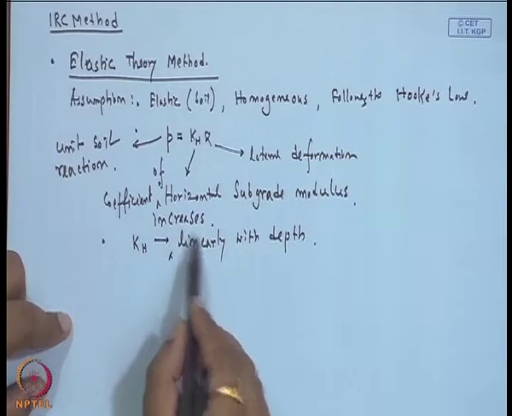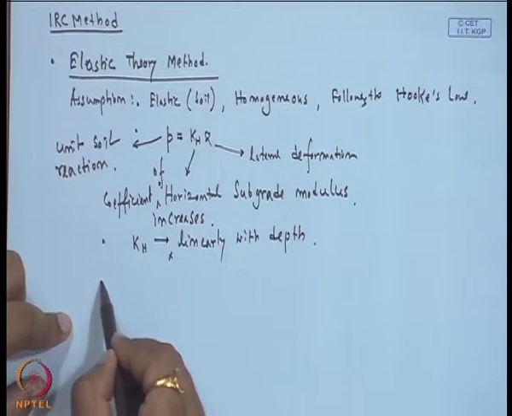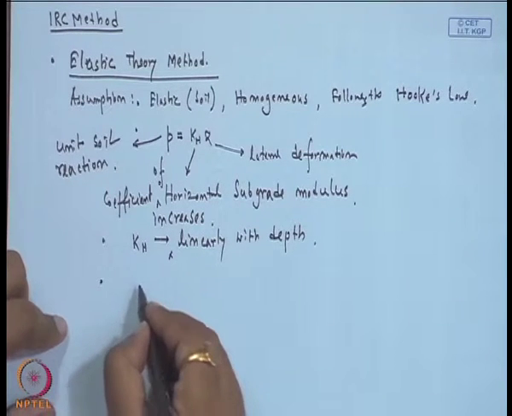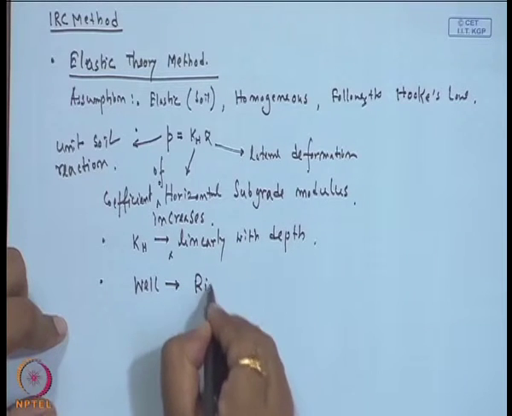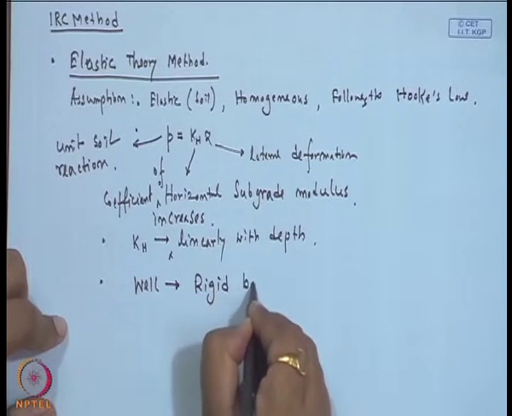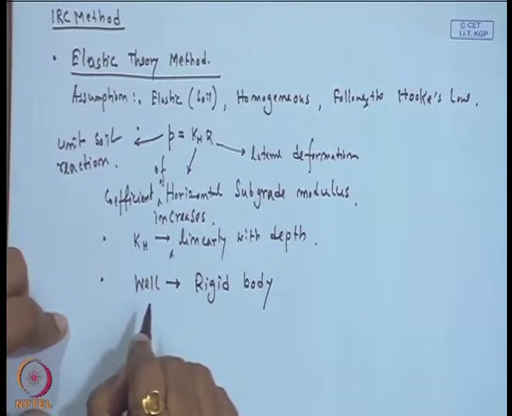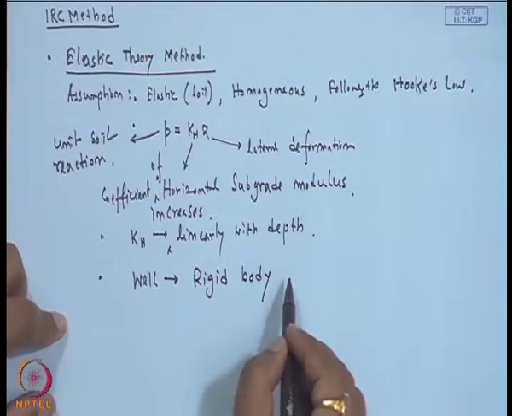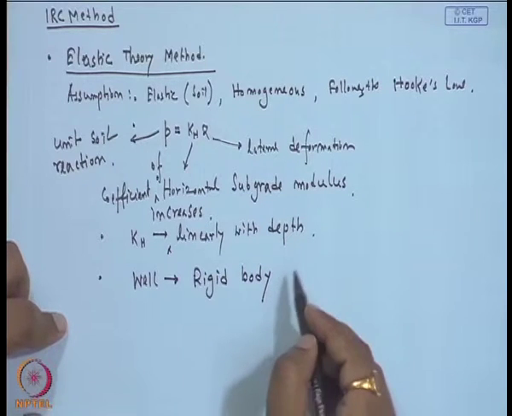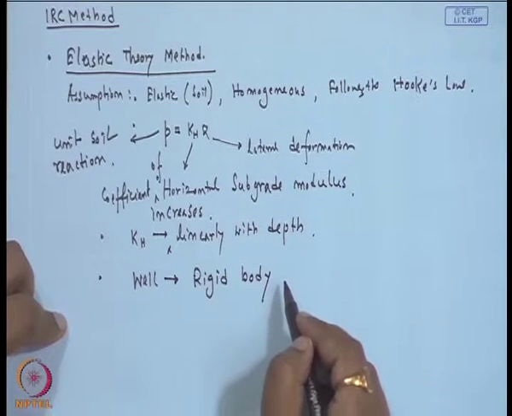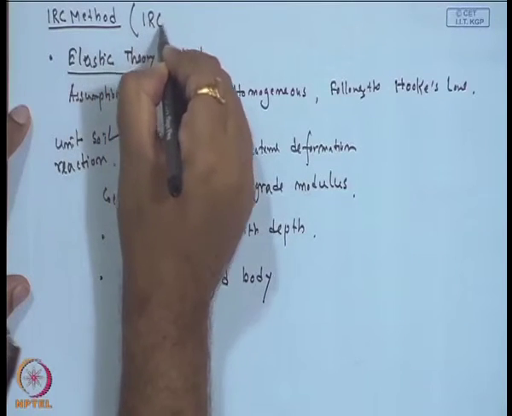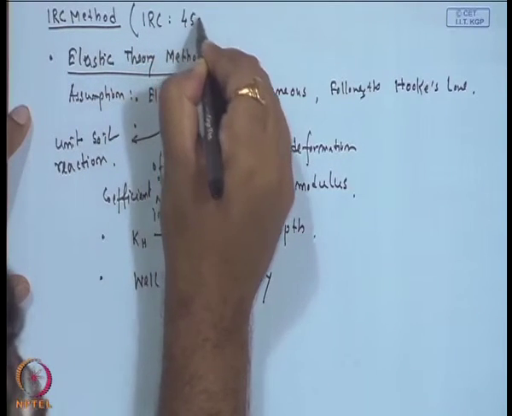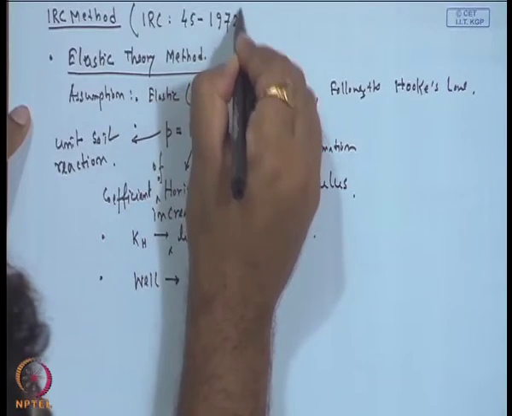And another assumption is that the well foundation behaves as a rigid body, acted on by the horizontal force H and the moment M at the base. These are the assumptions of this elastic theory method, which is proposed by IRC 45, 1972.